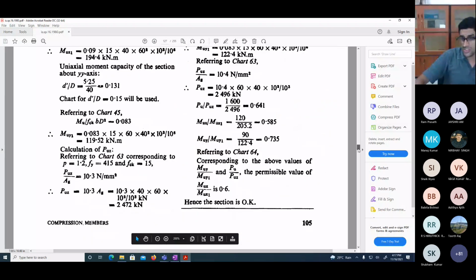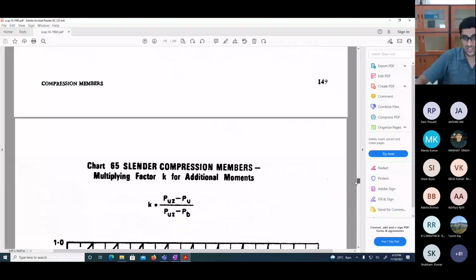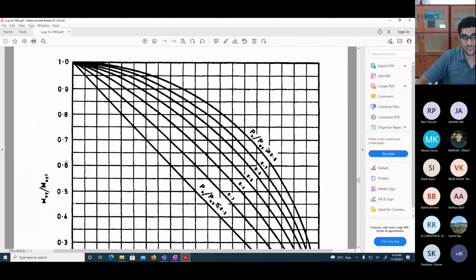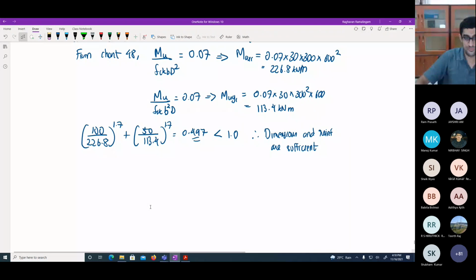You can do that, or you can use chart 64 also, where things are slightly easier. These charts have Muy by Muy1 and Mux by Mux1. Mux by Mux1 is about 100 by 226.4, which is 0.44.